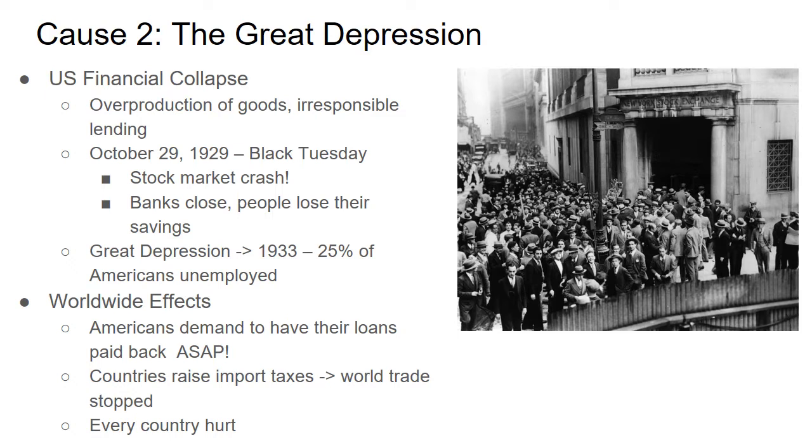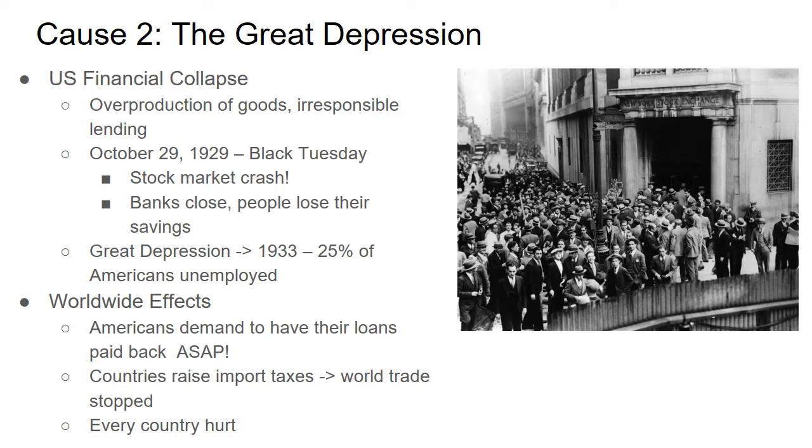It also has effects worldwide because throughout the 19th and 20th centuries, the world economy has become more and more global. So economic disaster in one country is going to affect places elsewhere. One huge effect of this is that the United States demanded that any foreign loans be paid back as soon as possible.